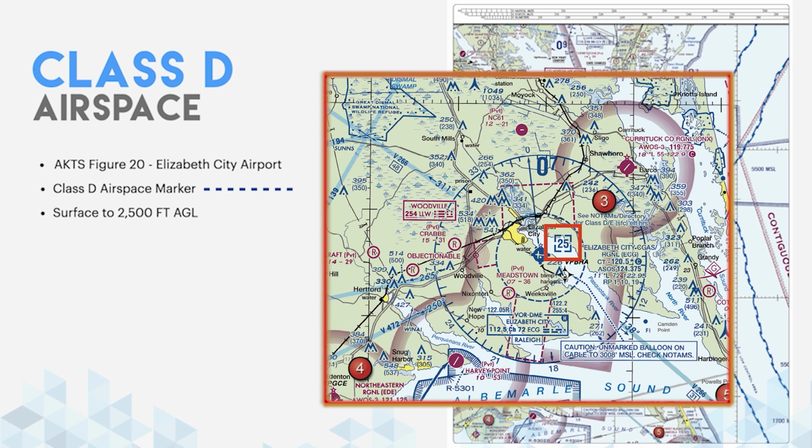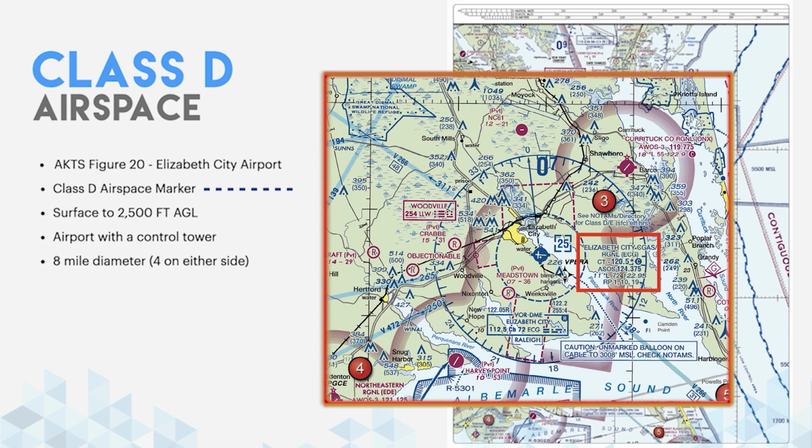So remember that, 2,500 feet above ground level, or AGL. Now in the center of this Class D airspace is an airport with a control tower. Class D airspace usually has a total diameter of 8 nautical miles, meaning a 4-mile radius on either side from the center of the airport.